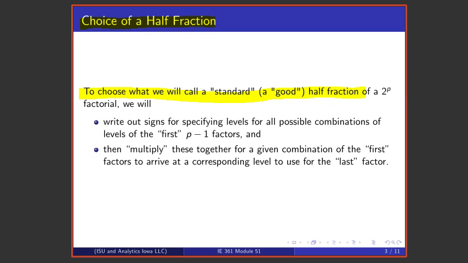You write out plus and minus signs for specifying all possible combinations of all but one of the factors, p minus one of them, and then multiply those signs together for a given combination of the first p minus 1 factors as if they were plus and minus ones to arrive at a corresponding level to use for the last factor, the pth factor.